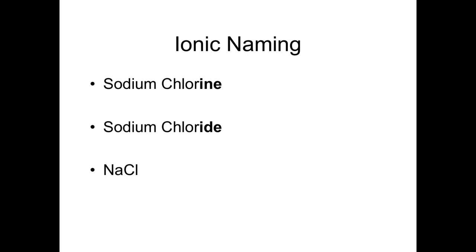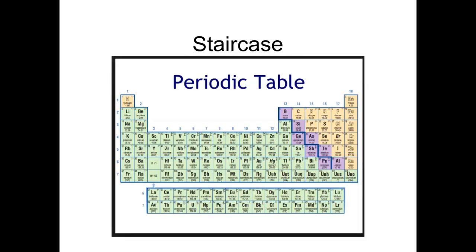I'm going to post a periodic table with charges, but loosely, column 1 is +1, column 2 is +2, and then the D block can vary, so we're going to skip over that. 13 is always a +3, 14 is a plus or minus 4, 15 is 3-, 16 is 2-, 17 is -1, and 18 is 0. So I'll have a periodic table posted in Canvas. You want to see those charges, but it's good to keep those in mind.